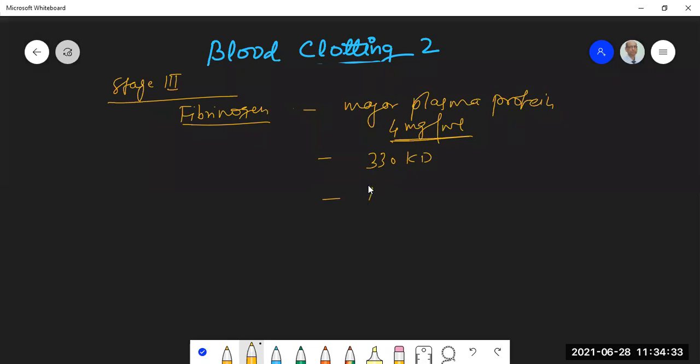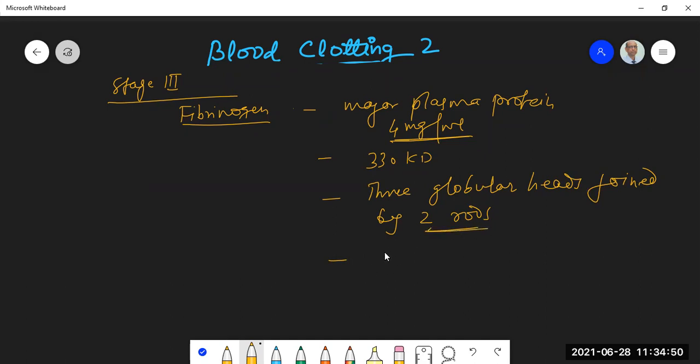Structurally, it is made up of 3 globular heads joined by 2 rods. And in the rods, the structure is triple helical coiled coil. Right? The composition wise, it is made up of 3 types of subunits.